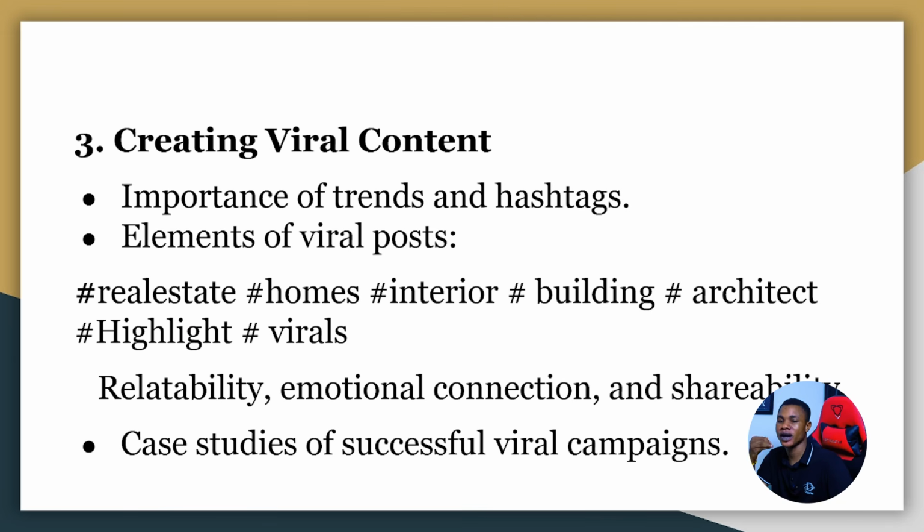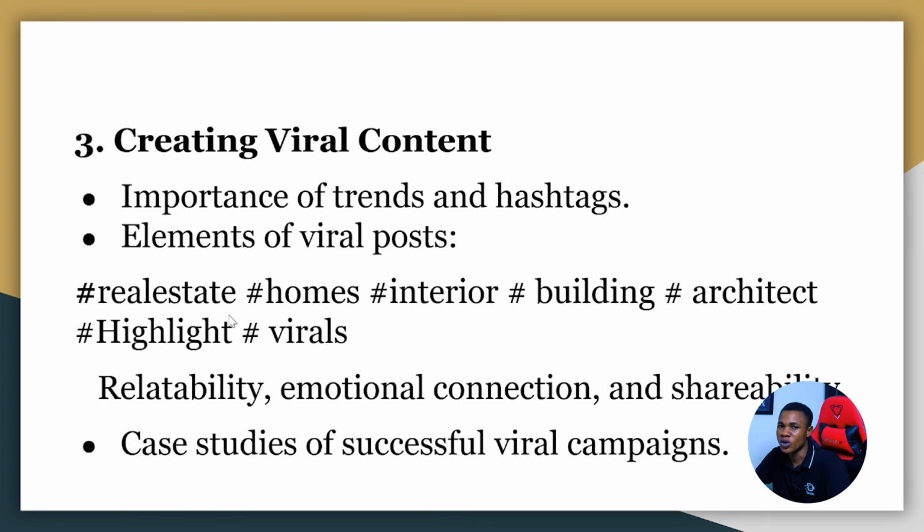When you want to go viral with your content, that's why when you are generating content from AI, tell AI to always attach hashtags. Hashtags are things that are actually trending in that area, and this is very, very important. Let's say you are making a post about real estate and you put hashtag homes, hashtag real estate.